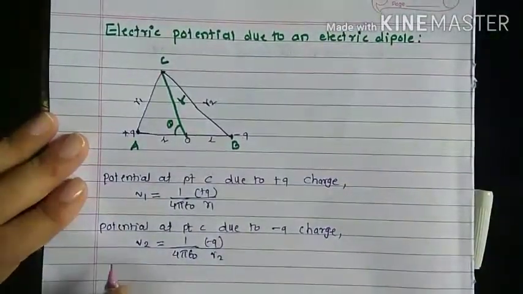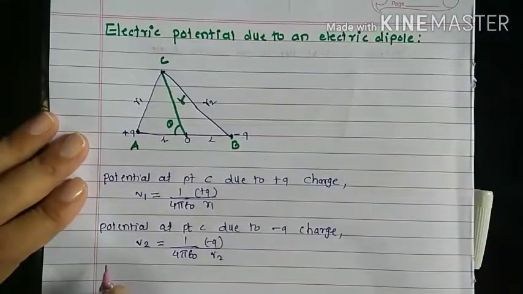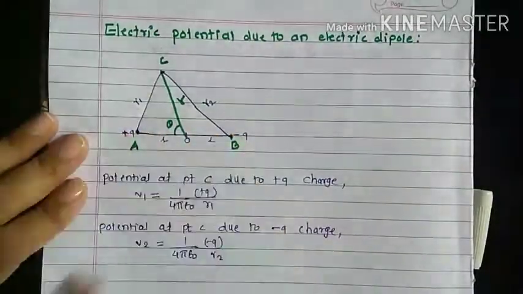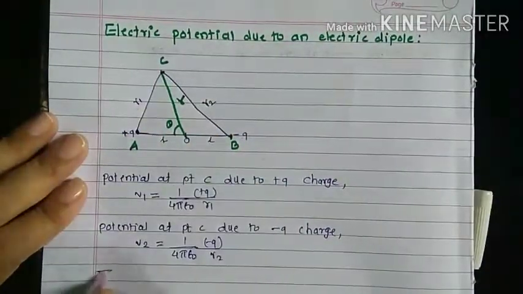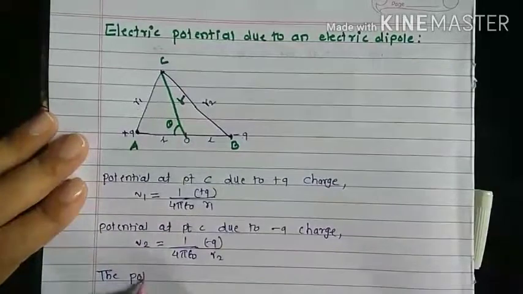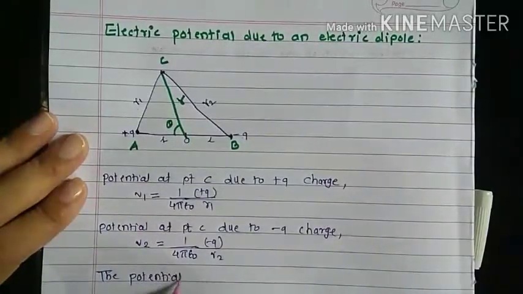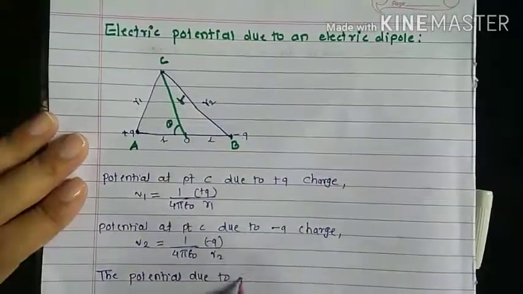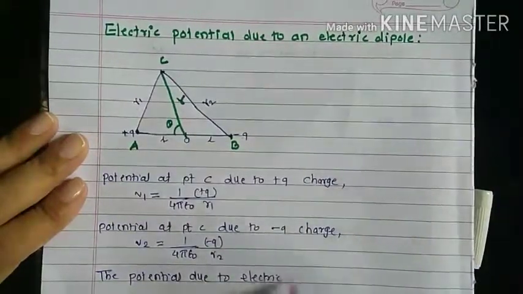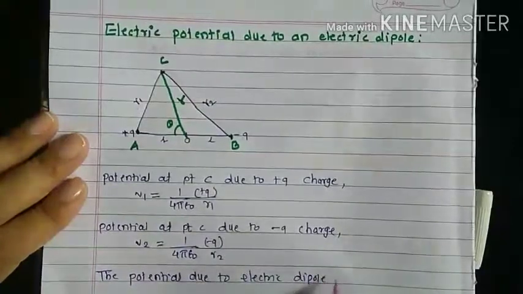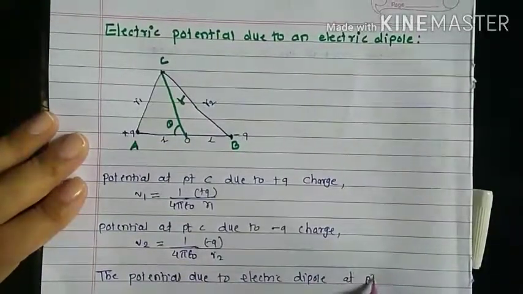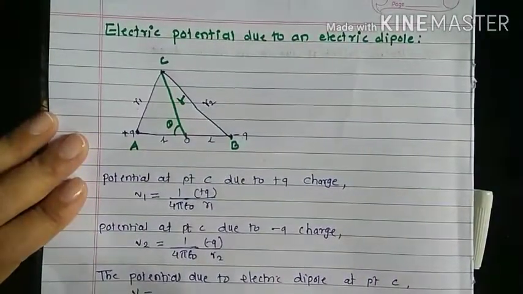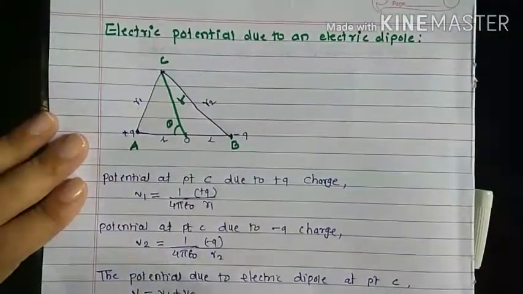Now the resultant total potential at point C due to this electric dipole is given as V is equal to V1 plus V2.